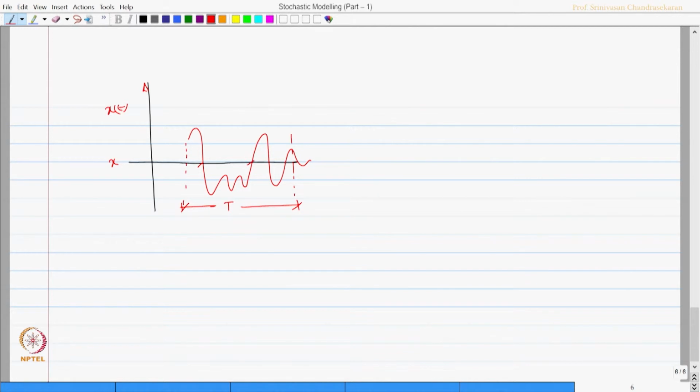So, it is actually this value. So, this is my delta t1 because the x of t is less than or equal to x. Similarly, this is again my delta t2. So, these are all the time intervals from the record length T which satisfy the condition x of t less than or equal to x. I continue this record similarly with the same style, which is extended over a time, and the record continues.